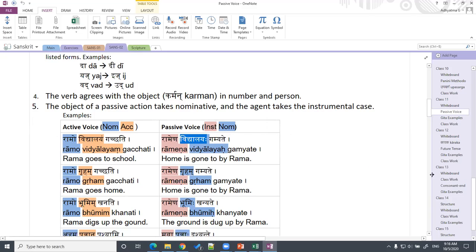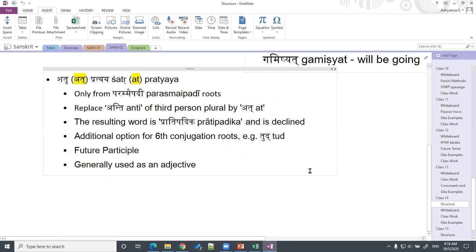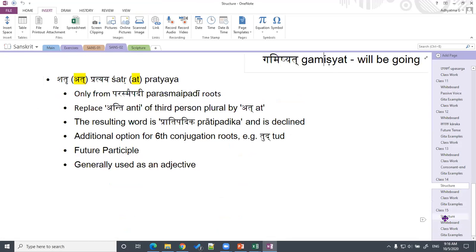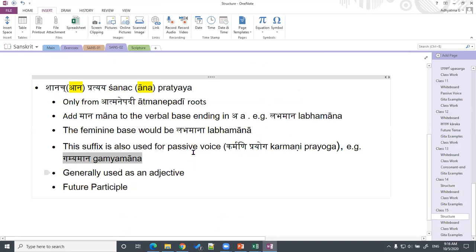So when you say Gamyamanaha, it will refer to Vidyalayaha. So the one which is being gone to, that is the difference between the active and passive voice, and it will become clear as we see the examples.